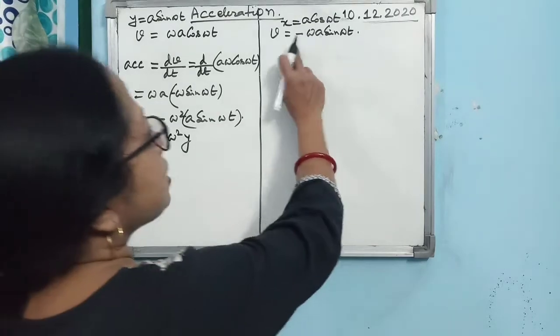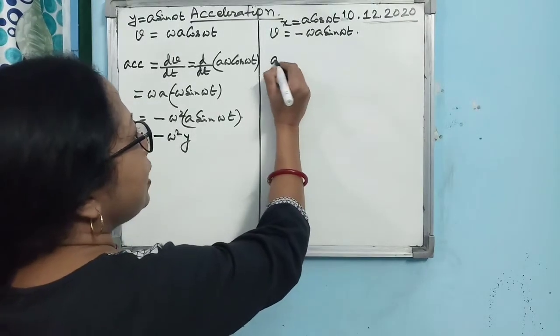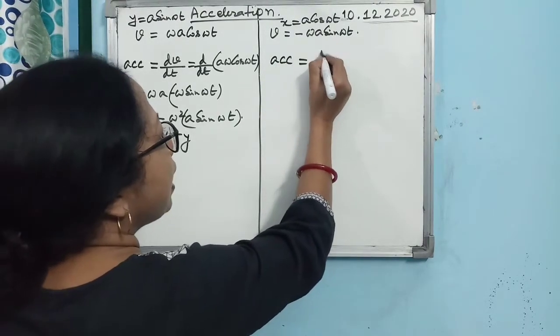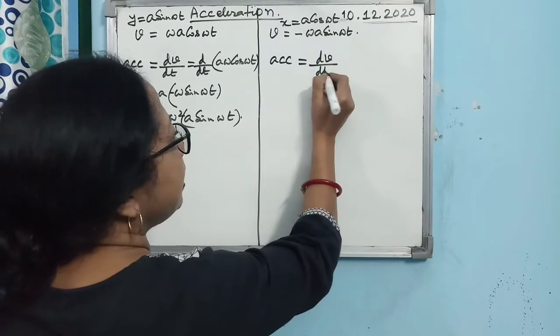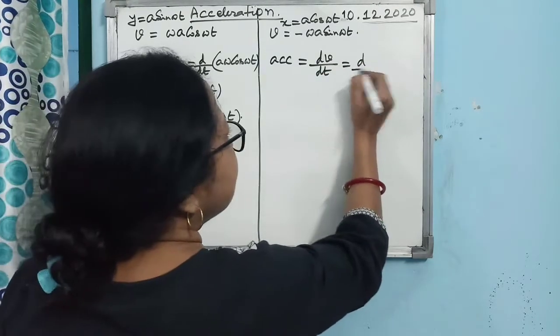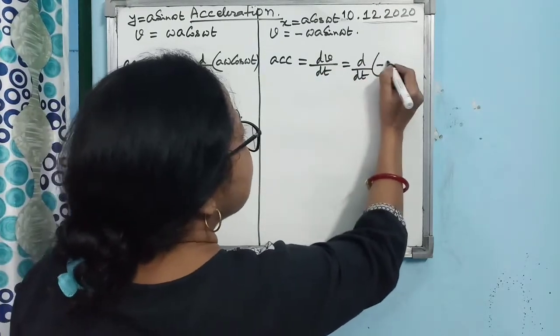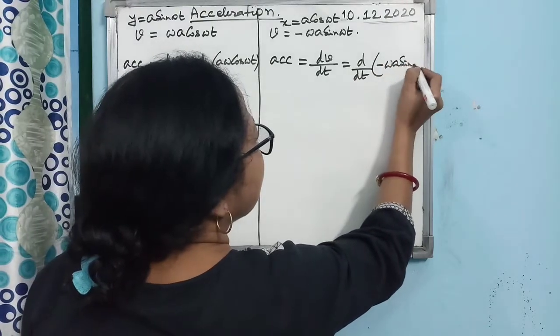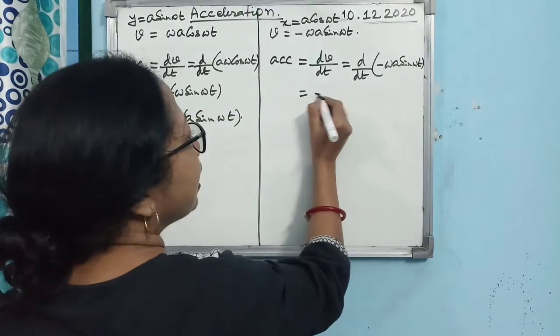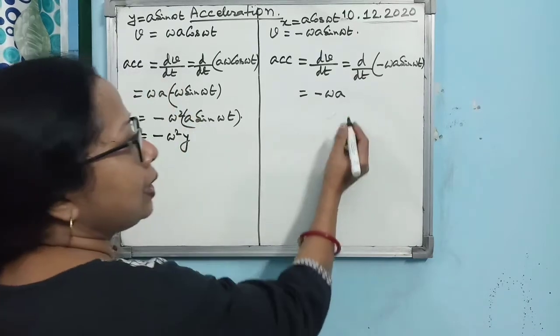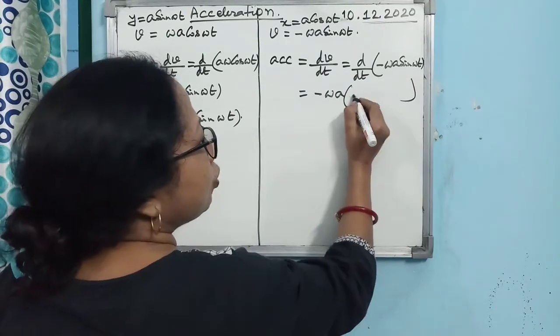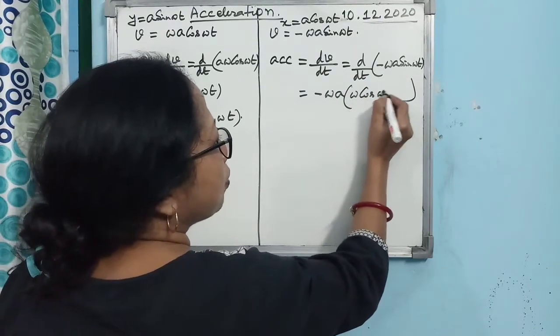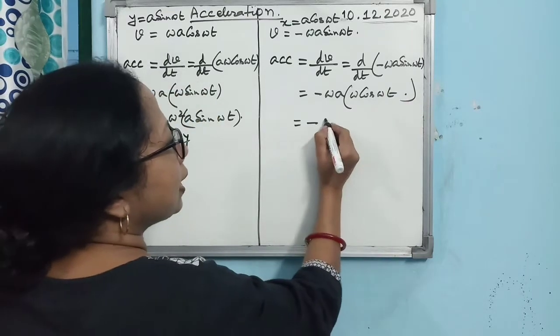Alright. Now let us consider this expression. In this case acceleration will again be dv/dt. So you will have d/dt of minus omega a sin omega t. Now minus omega a you can take outside the derivative. d/dt of sin omega t is omega cos omega t. So how much are you getting?